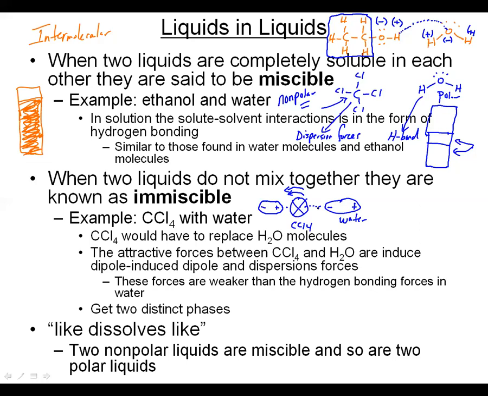And it really does bring up that idea that I think we've talked about before, but just to reiterate, this idea of what is known as like dissolves like. So things that have similar intermolecular forces are very soluble or miscible in each other, while things that have very different intermolecular forces typically are insoluble or immiscible in each other. So when we talk about like dissolves like in terms of solubility, typically you're good if you have a polar and a polar thing.